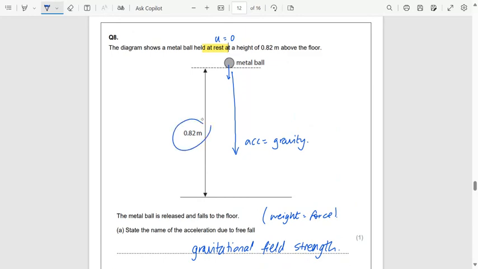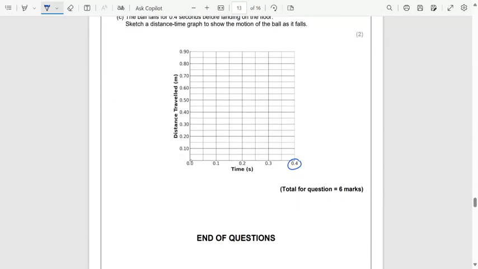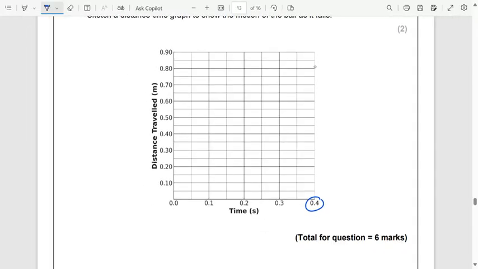It travels 0.82 meters. So, the distance travelled, I start at 0, and I have to end at 0.82 meters. Now, you can do this by eye, but we're looking for something around there.